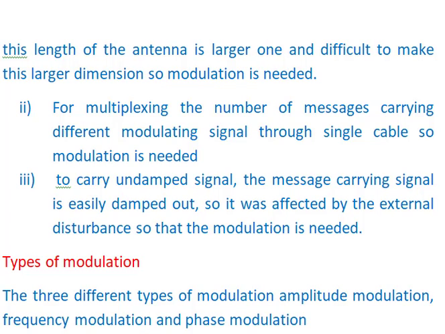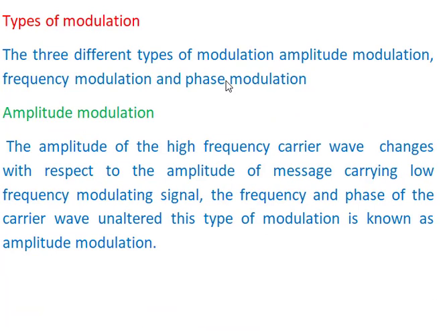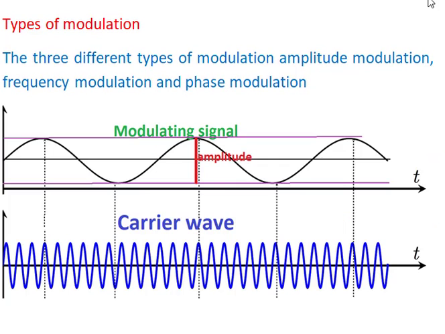So what are the different types of modulation? There are three types: amplitude modulation, frequency modulation, and phase modulation.